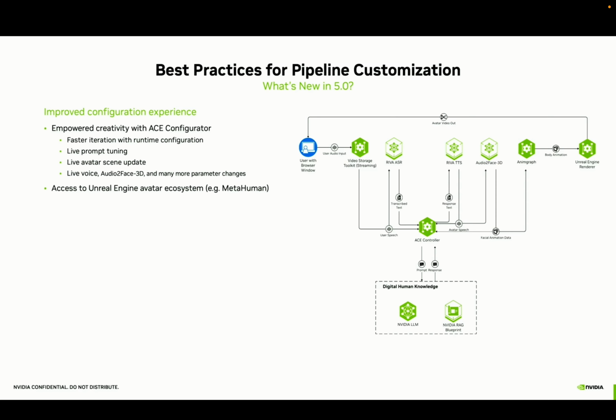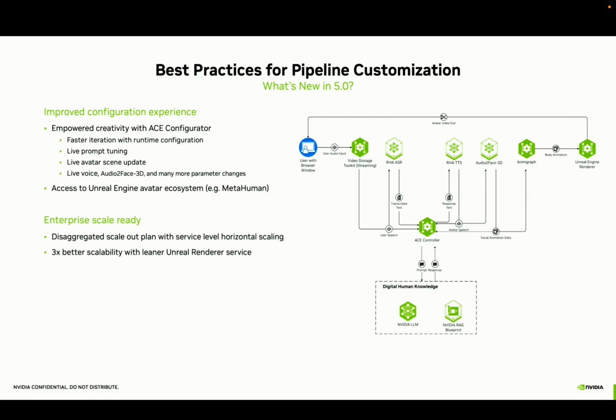So this becomes very powerful to do quick iterations, replace a scene, tune facial animation parameters, and so on and so forth. We have also, thanks to the new Unreal Engine renderer that used to be in early access, which will be released as a GA service, we now also have access to Epic's ecosystem, and in particular to the MetaHuman creator that allows you to create a custom avatar in a few clicks. On the scalability side, we have disaggregated the blueprint.